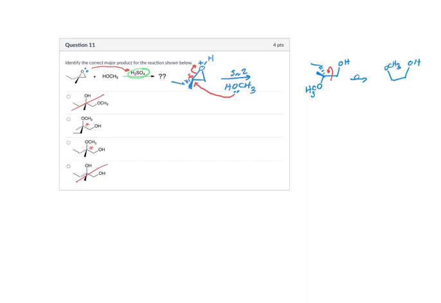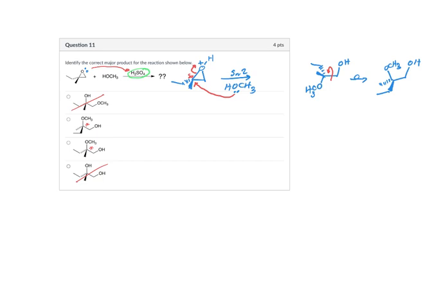When we rotate it, this ethyl group that's in the back is now going to end up in front because we rotated it by 180 degrees. And the methyl group that was in front is going to rotate to the back. So the methyl group is in the back.